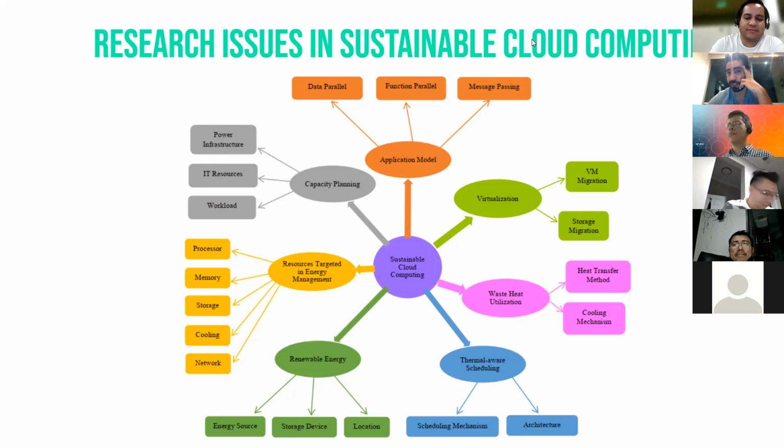For example, in the previous one, for application design, you have a taxonomy, I mean, different approaches. Here, it's basically just three branches, what the research issues are. I don't know, but it's a valid question. Okay, got it.